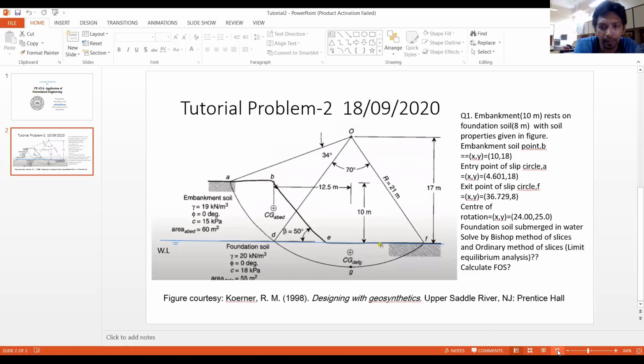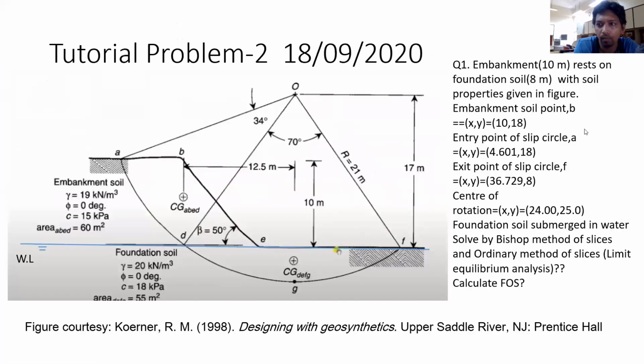The problem we are discussing today is taken from the Designing with Geosynthetics book, and I have just put the water table on it. The problem statement is such that the embankment soil with the given soil properties lies over the foundation soil properties.